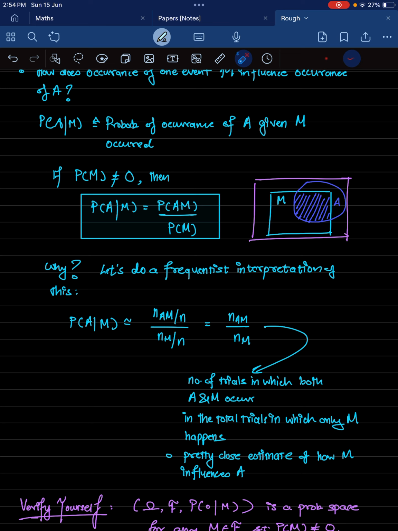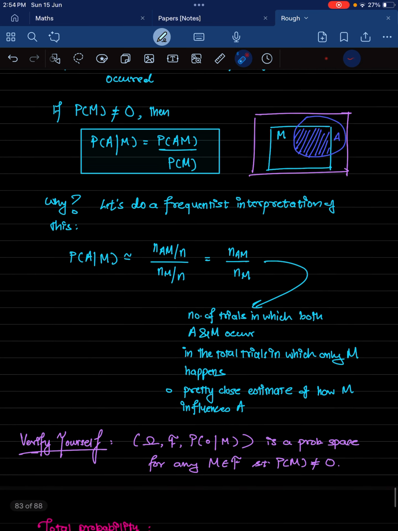Okay, but what about this? If someone told you, okay, give me the probability of A, but M has already occurred, then you would narrow down your search space to the outcomes where M has already occurred, and from there you will find the events where A will occur as well. You will find the outcomes which trigger the event A, right? And this overlap region is what A intersection M is.